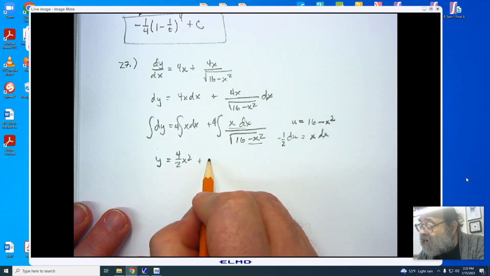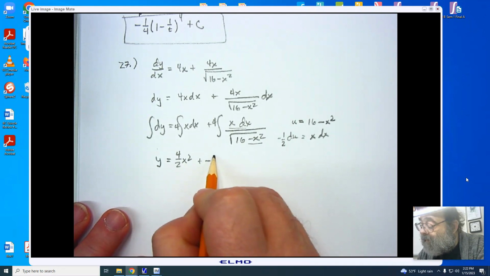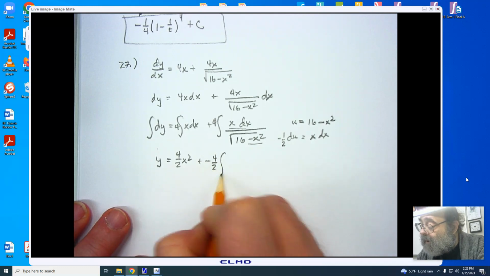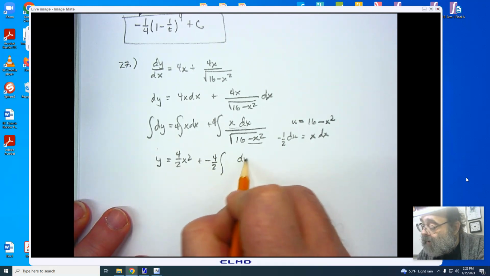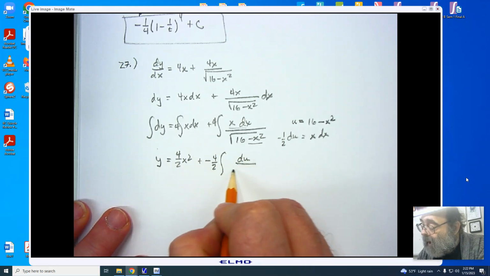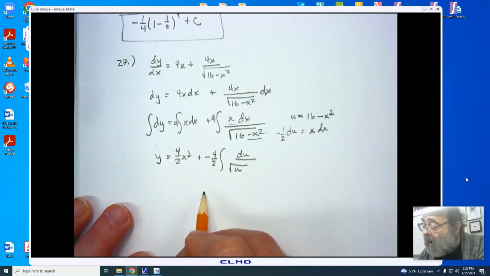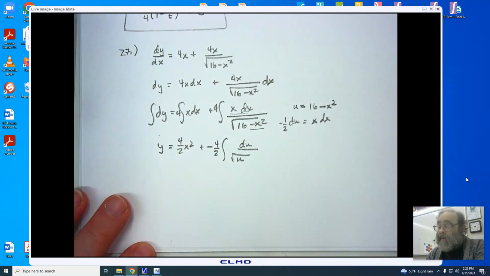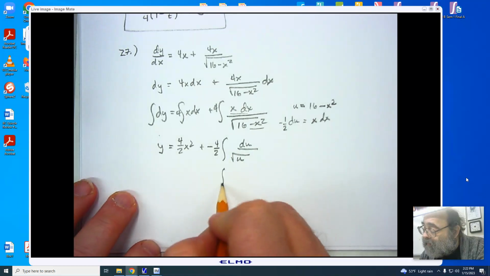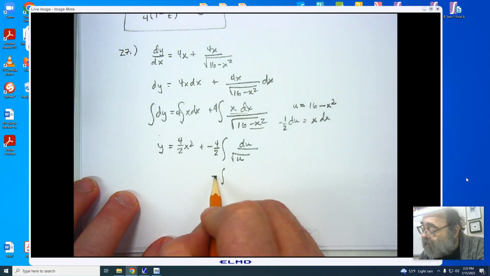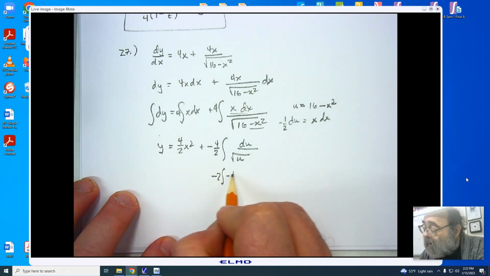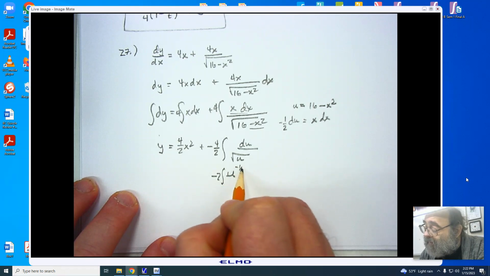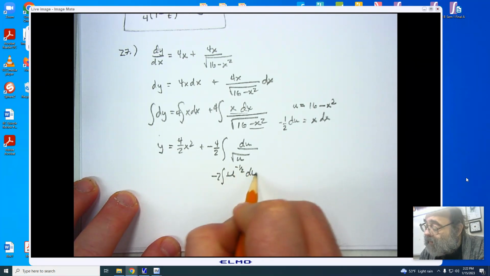Now I can substitute it as negative 4 over 2 integration, du is on top, square root of u on the bottom, and now I'm going to call it the negative 1/2 power: u to the negative 1/2 power du.